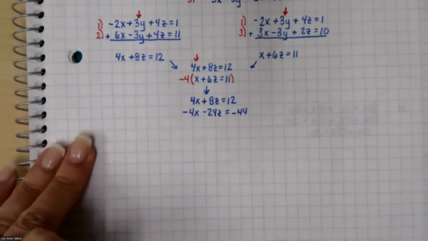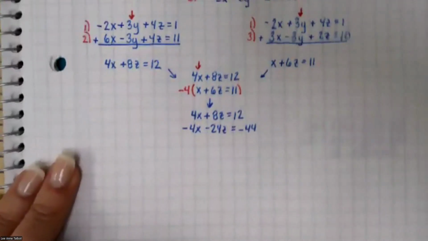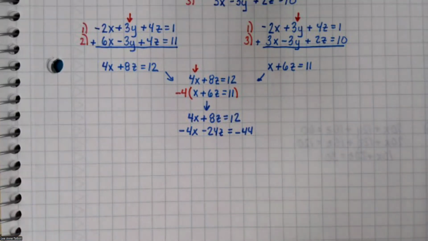One of the most common mistakes in a problem like this is not distributing all the way across to the constant on the other side. You have to do that.